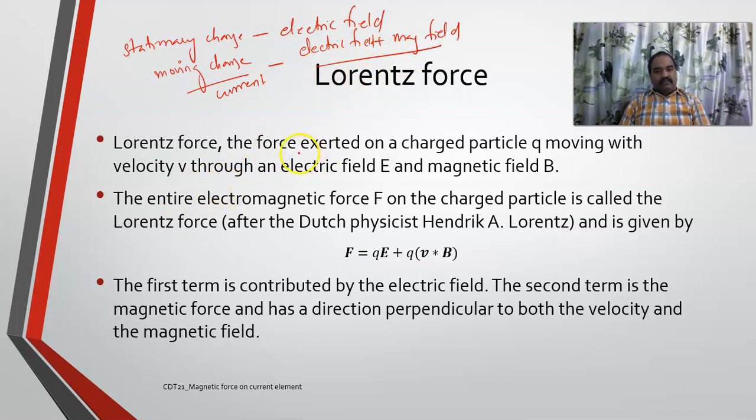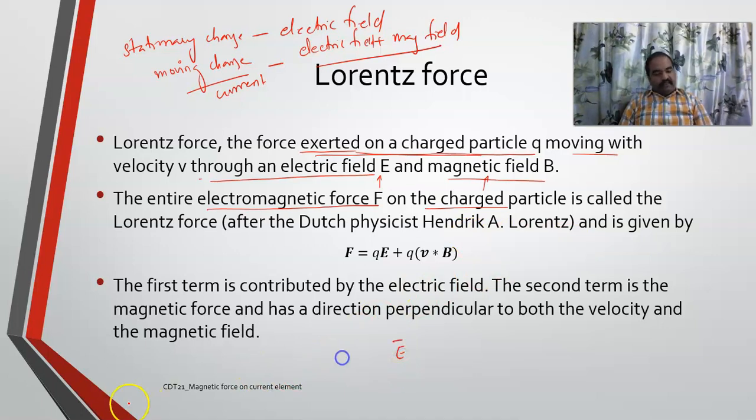The Lorentz force is the force exerted on a charged particle Q moving with velocity v through an electric field and a magnetic field. So the entire electromagnetic force on the charged particle when it is moving in an electric field and a magnetic field is called the Lorentz force. It is named after the Dutch physicist Hendrik Lorentz.